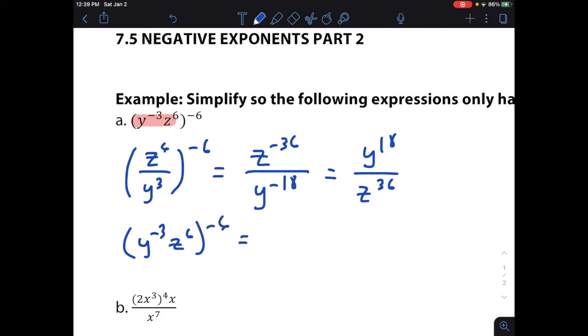If I apply the power rule first, I end up with y to the 18th and z to the negative 36. Then the only thing that I need to move is that z to the negative 36. The y to the 18th is a positive exponent, so that stays in the numerator. So I have y to the 18th over z to the 36th. So you can see I got the same answer.